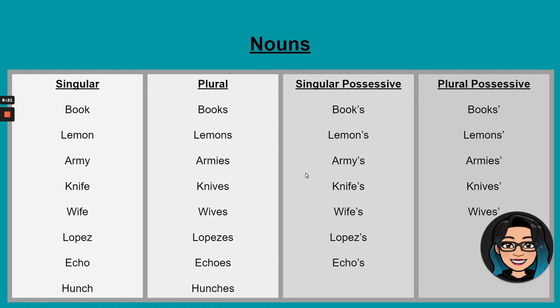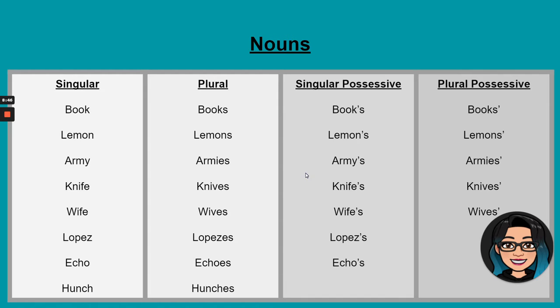So here we have Lopez, which is a last name. So the singular is Lopez. Now when we get into the plural, the rule of adding ES at the end still applies. So if it's not possessive and we're talking about multiple Lopezes, we add an ES.